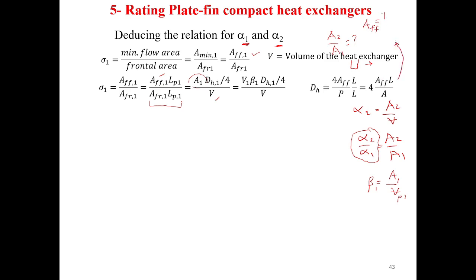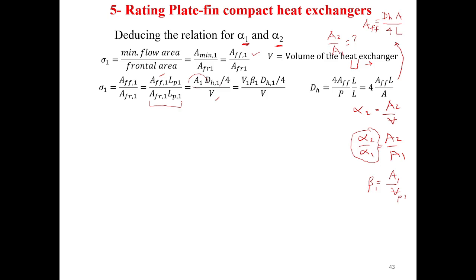So actually what we did is that AFF, the free flow area, from this equation can be written as dH multiplied by the area, of course for side 1, divided by 4L.